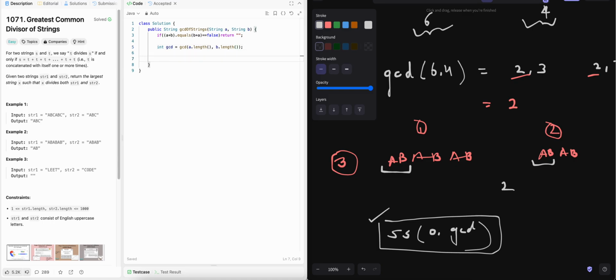Now, once we have found that out, we simply have to return a dot substring from 0 comma GCD. Now we have to write this GCD function. In Java, there is also an inbuilt GCD function in BigInteger.